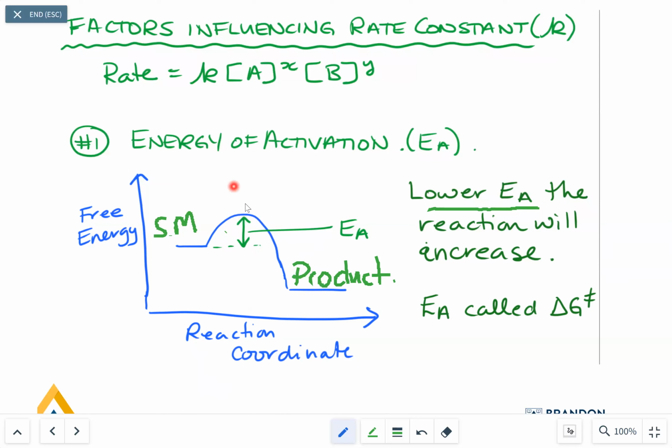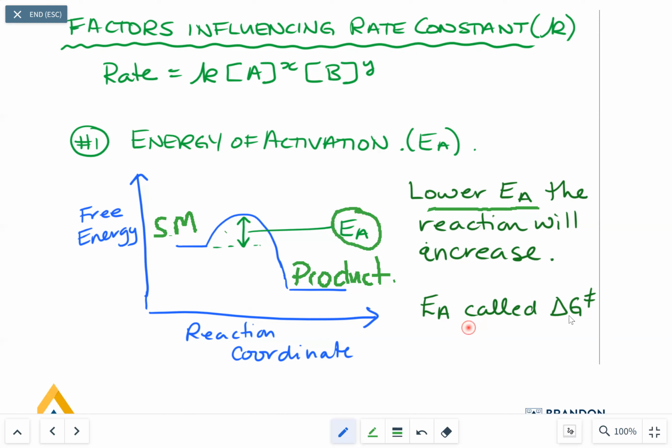You can think of this barrier as lots of different things. Orientation of the molecule. Does it have enough kinetic energy when you hit the other molecule for the reaction to actually take place? So reaction rates are dependent upon this activation energy.